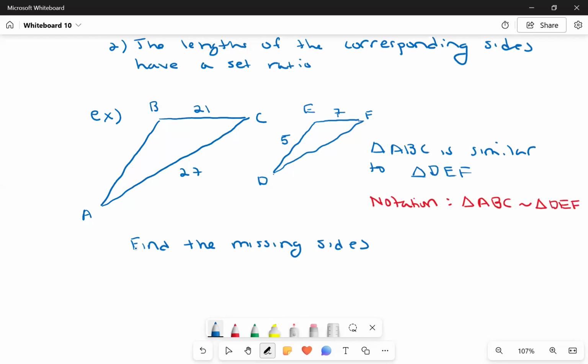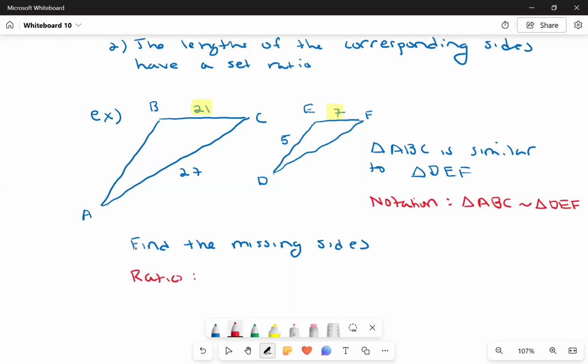Okay, so what I want to do is compare the two sides we actually do have that are both located on the pair. I noticed that 21 and 7 are in the same corresponding location, and I'm going to take the ratio of those two sides.